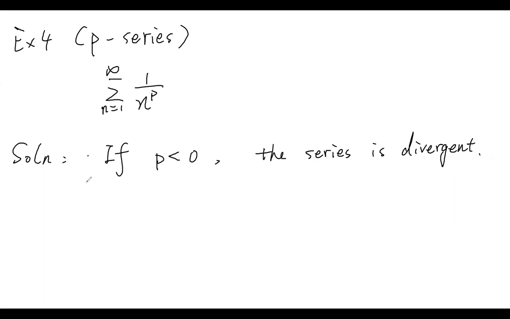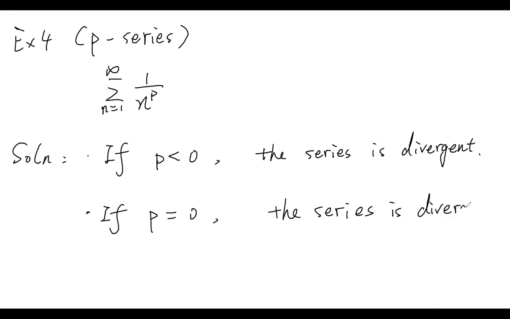And when p is equal to 0, the series is also divergent. Again, it's from the test for divergence, because the limit as n goes to infinity is equal to 1 in the case where p is equal to 0. So the limit is not equal to 0, which means the series is divergent.